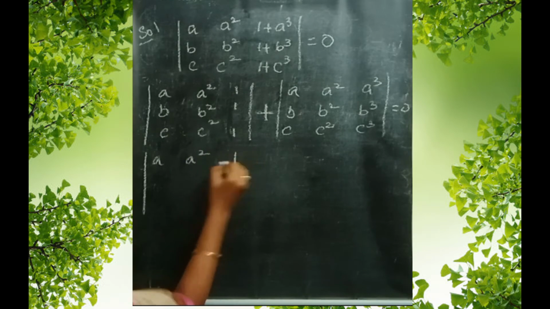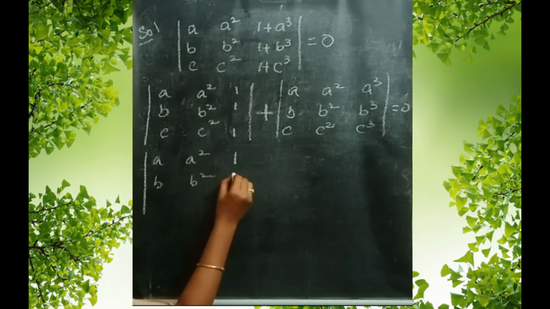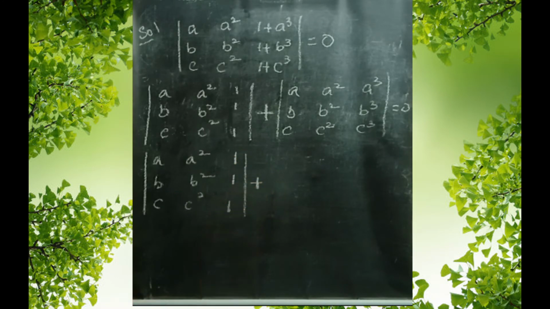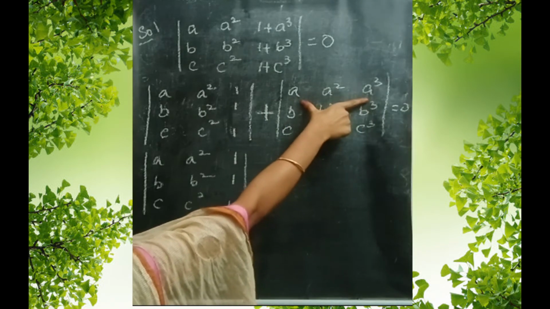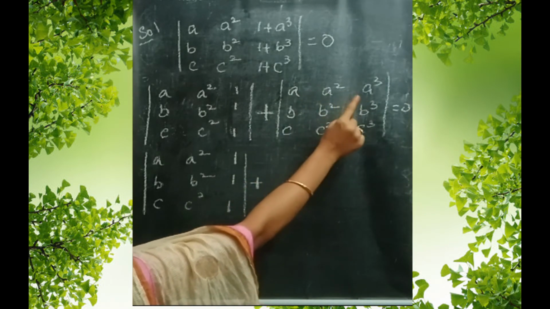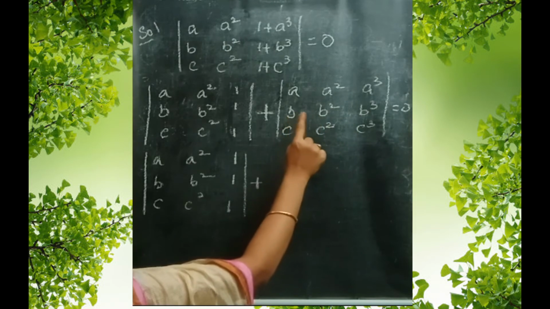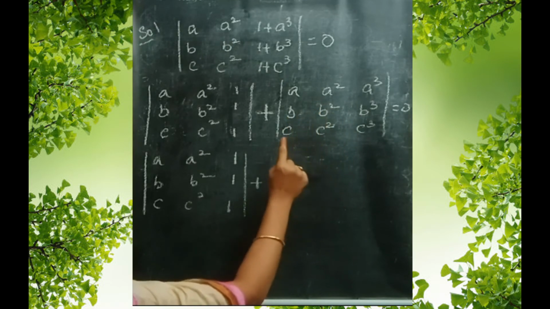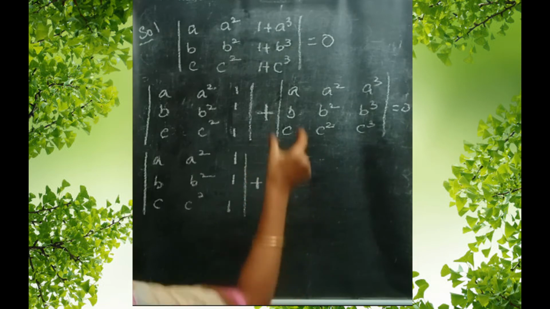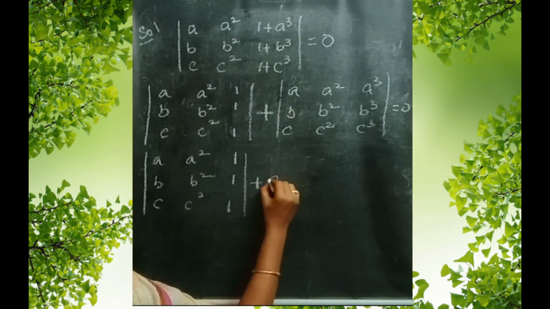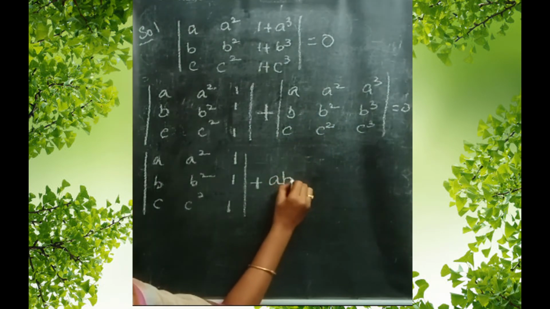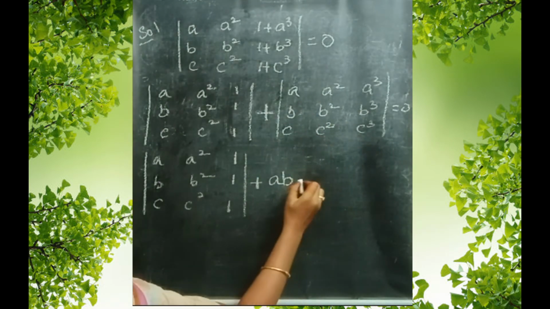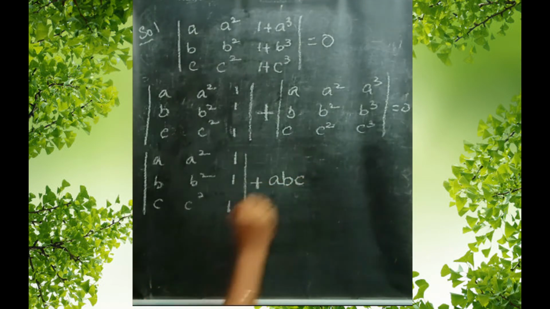A, A square, 1; B, B square, 1; C, C square, 1, plus, see here, in the first row we have A square, A cube, in the second row B square, B cube, in the third row C square, C cube. For the first row I am taking A common, for the second row B common, and for the third row C common.